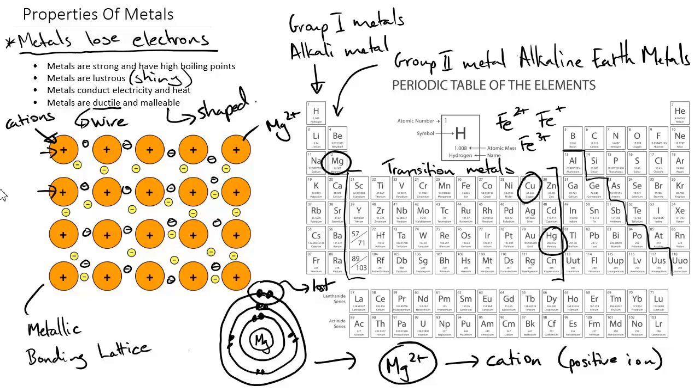You may ask, won't they repel? Positive and positive will want to repel against each other, but it actually doesn't repel. The reason why not is because you have all of these delocalized electrons cushioning the 2 polarities of charge, so they're all contained within this structure.